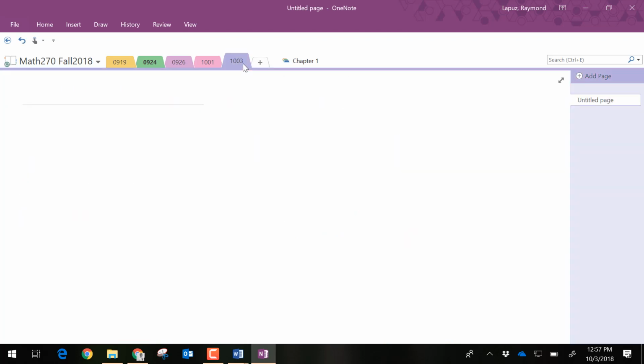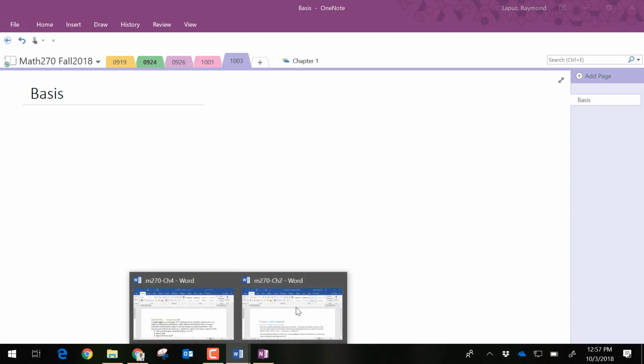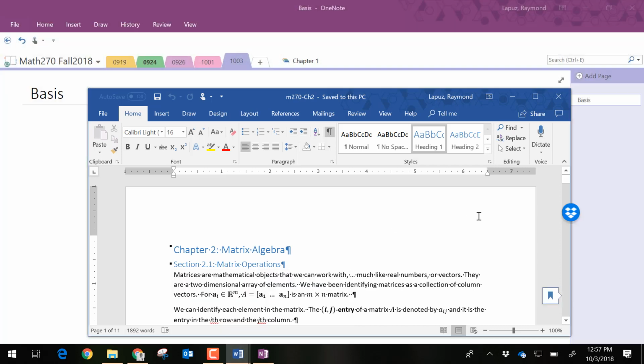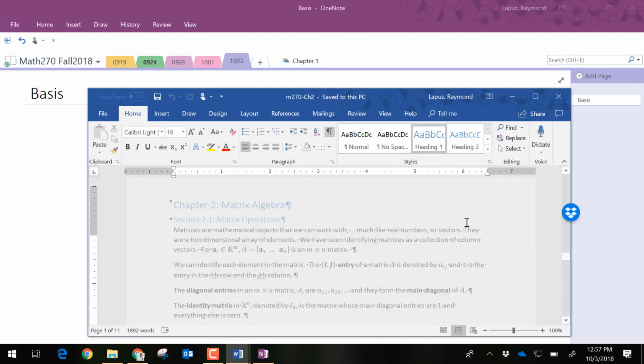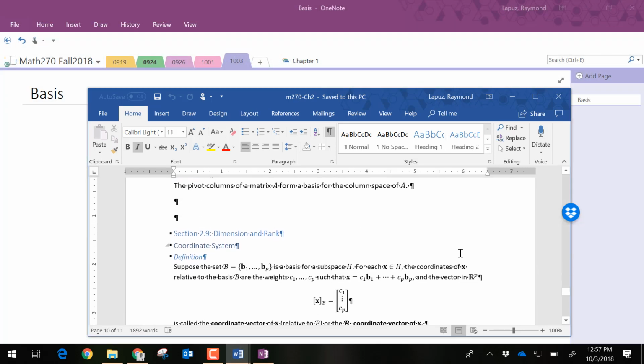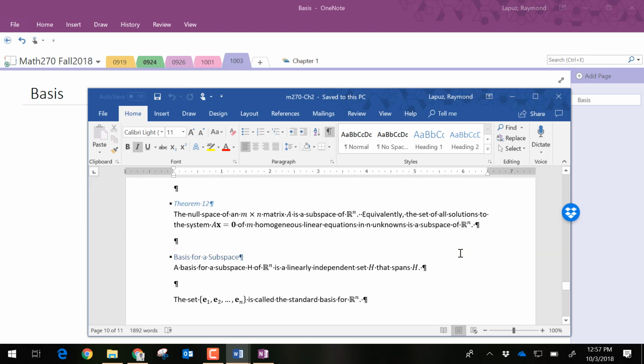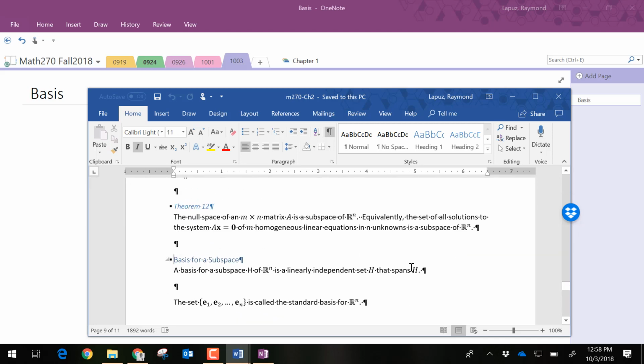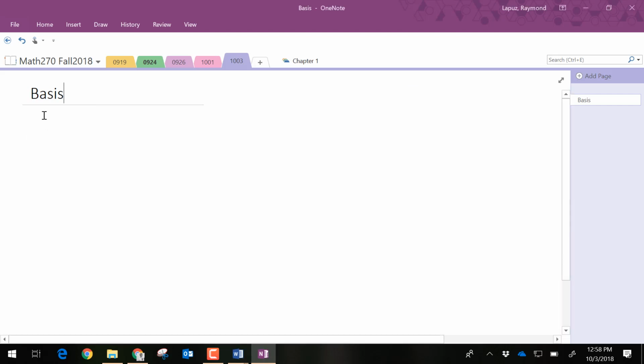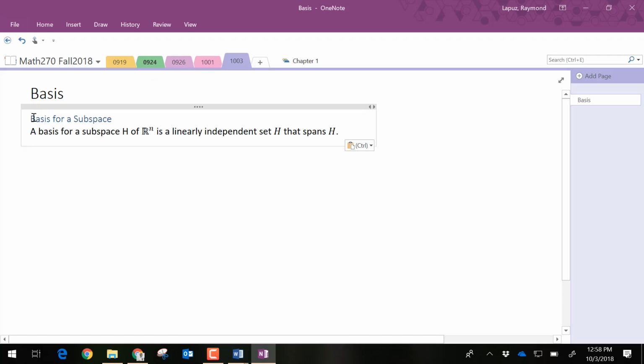All right, new page. Let's talk about basis. It has to span the entire subspace.